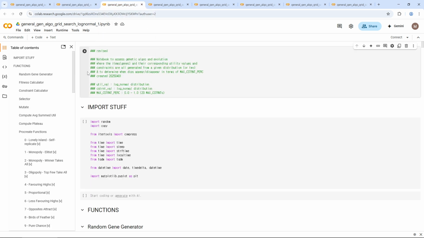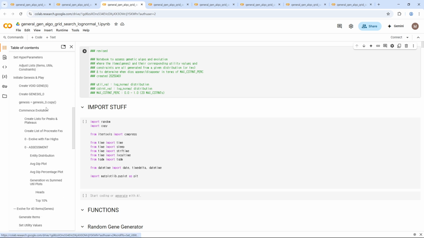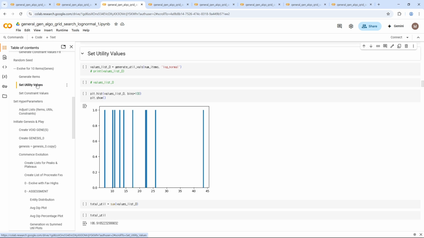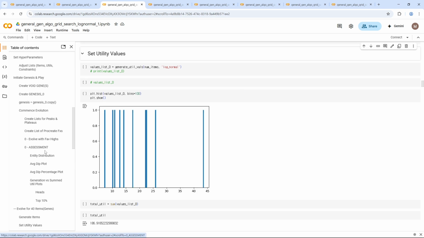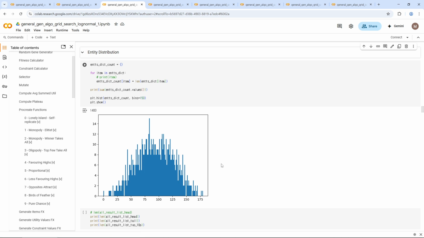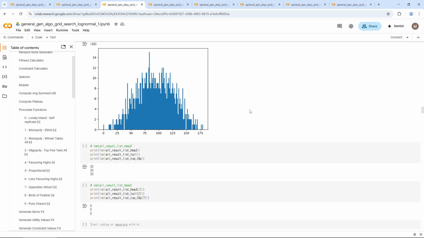Let's move on to the log normal, and same thing, just sampling except that the two sets of values are being sampled from the log normal distribution. And when we look at the entity distribution, this is what it looks like.